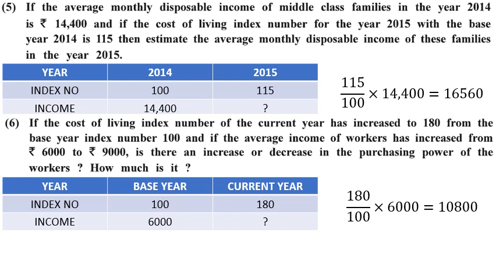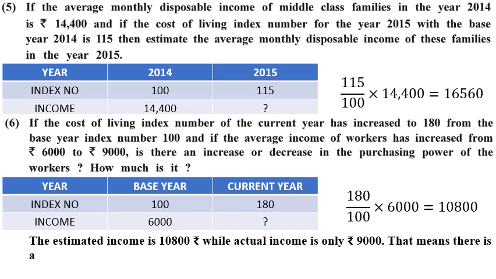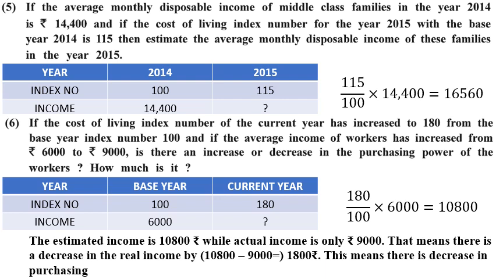So do you have 10,800? No. Your actual income is 9,000. That means the decrease in the real income is by 1,800 rupees. This also means that there is a decrease in the purchasing power. That's your total income, which should be, is not. That means your purchasing power is less than it was before.